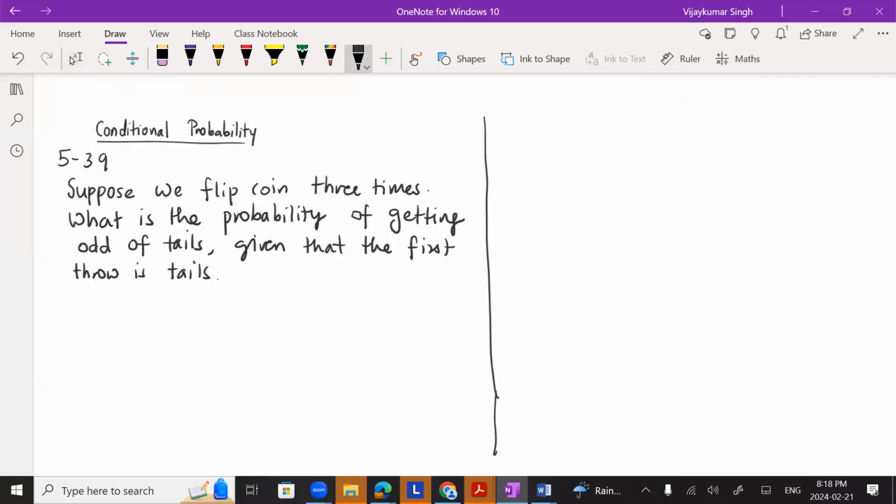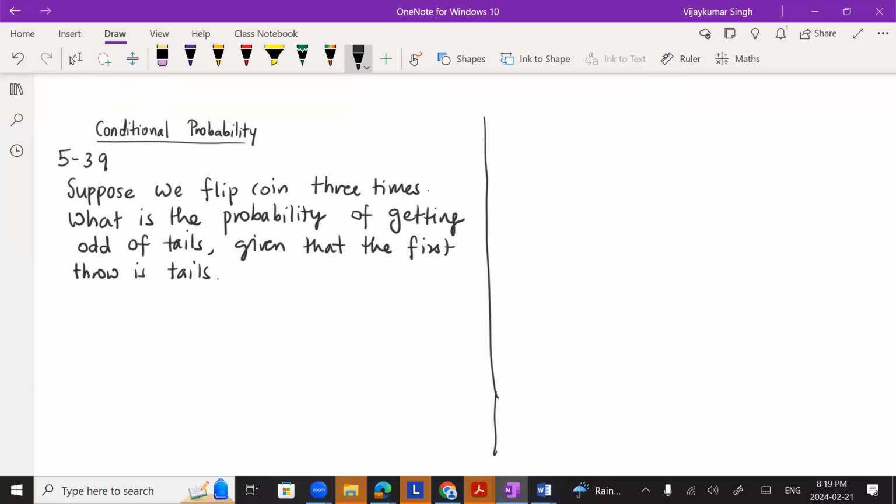So let's try to understand this event. We are flipping a coin 3 times. When you flip a coin, there'll be heads, there'll be tails, right? We are counting the probability that there's an odd number of tails. But you're already given that something has happened already. What has happened?